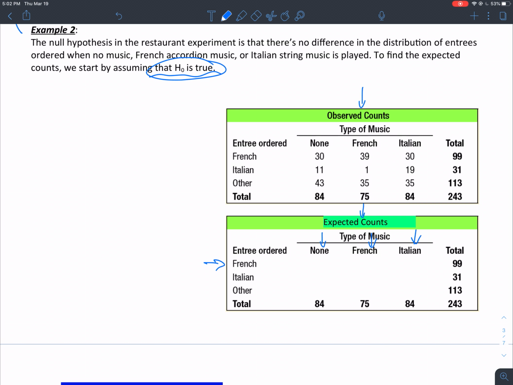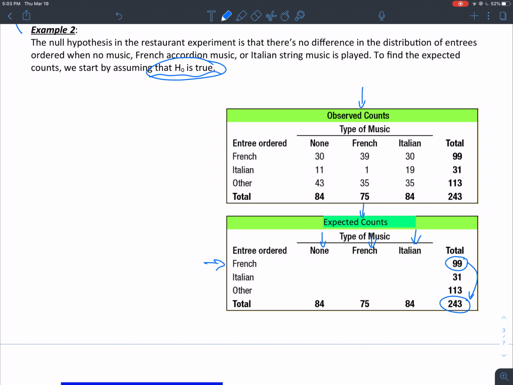So what is the distribution of the entrees compared to the total entrees? There were 99 French entrees ordered, and there were a total of 243 entrees. So I can get this proportion of the total.